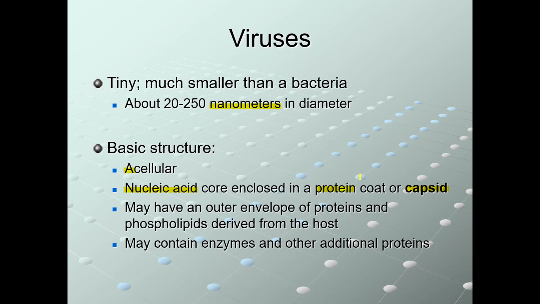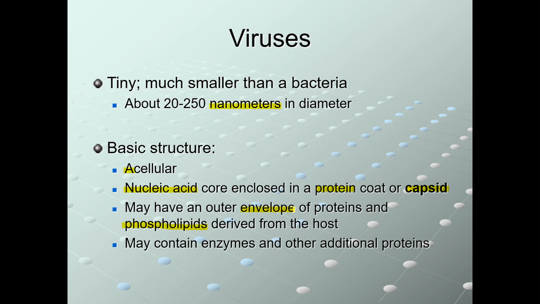Now, the thing that they do have in common with cells is they do contain nucleic acid. They're going to have DNA or RNA, like I mentioned. They do have proteins. They might have an additional component to their structure, and notice that's a might, not all viruses have this, which is called an envelope, and that's going to be made of phospholipids. Now, notice we are not calling it a cell membrane.